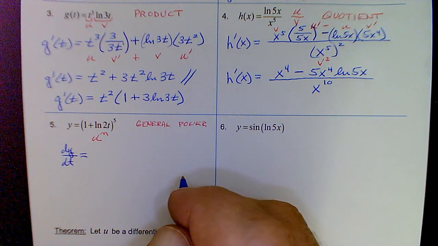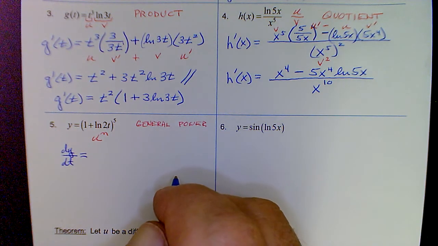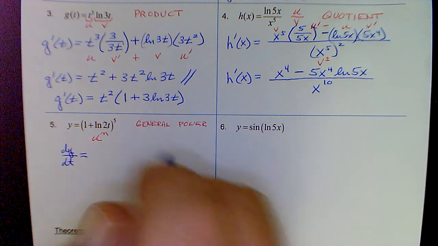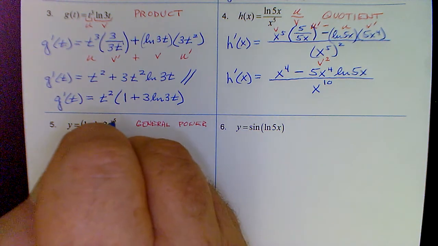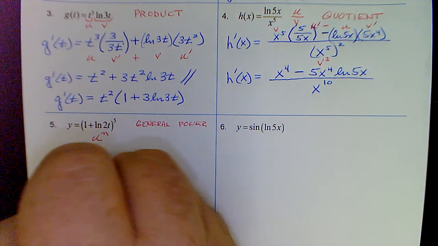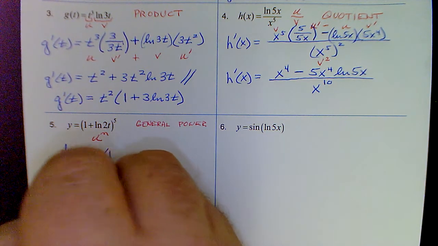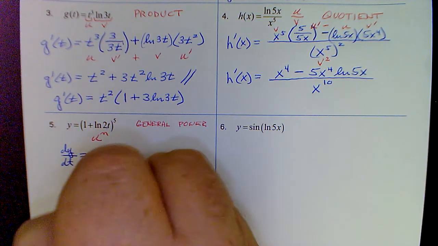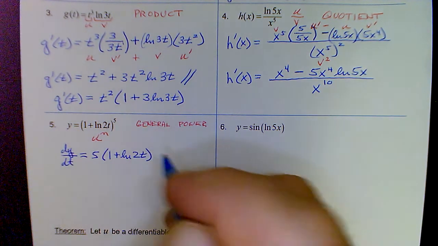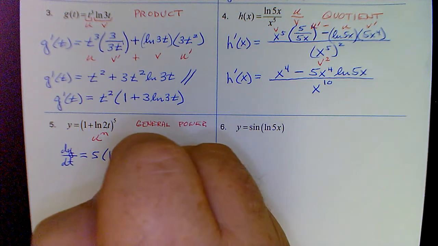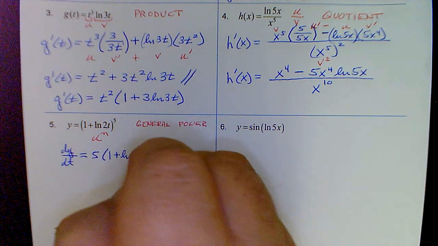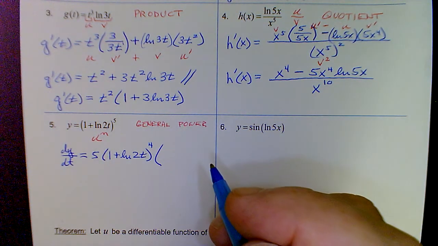When you perform the general power rule, just make sure you're careful not to differentiate too early. The rule says that you swing down the exponent, and then it's the same function, in this case 1 plus natural log of 2t, to the power 1 less, in this case 4, and then the derivative of the inside.